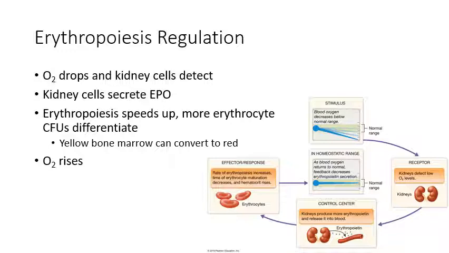I guess one final interesting thing about EPO is that it's a hormone that is frequently abused by athletes. If you take EPO injections, then your bone marrow will start making more red blood cells. Then if you have more red blood cells in your blood than a normal person has, you're going to be able to carry more oxygen in your blood than a normal person can.